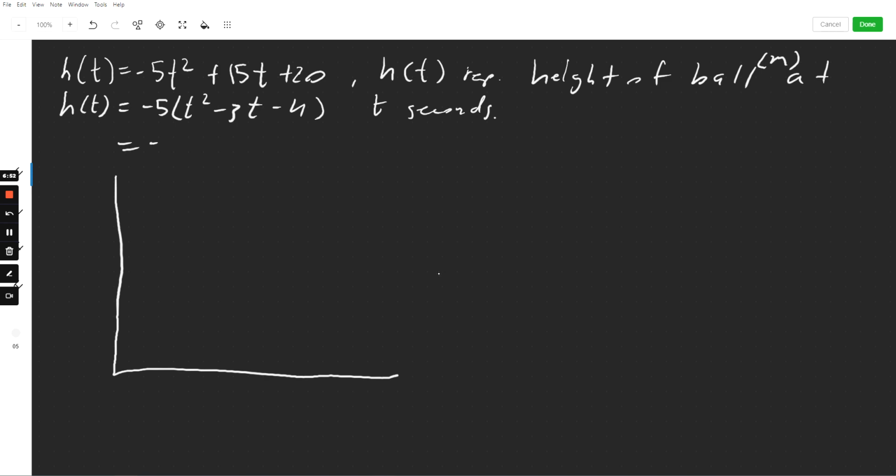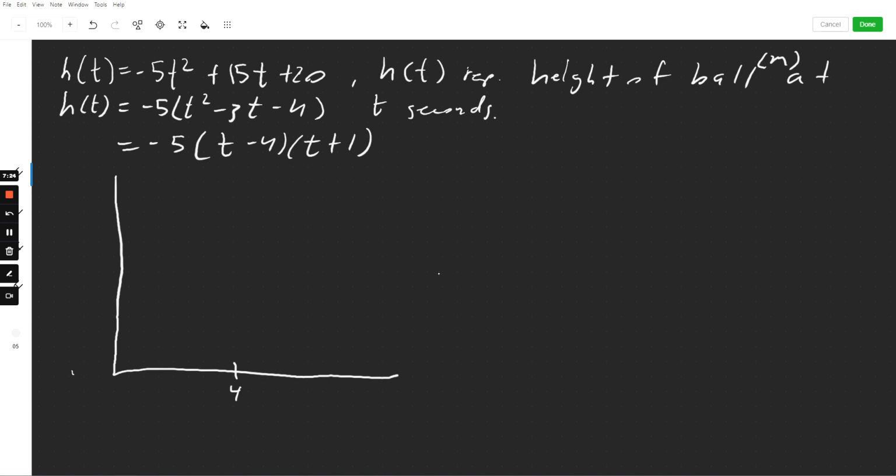And then we can use the crisscross method, which will be (t − 4)(t + 1), because -4 times 1 is negative 4, but when you add them, it's negative 3. So we have the x-intercepts. There's one at negative 1 over here, though that's out of the domain. So we have 4.